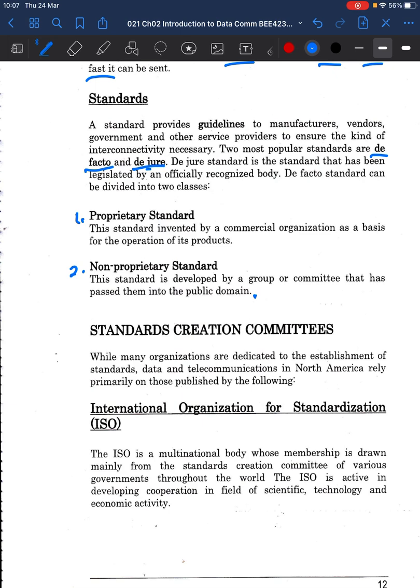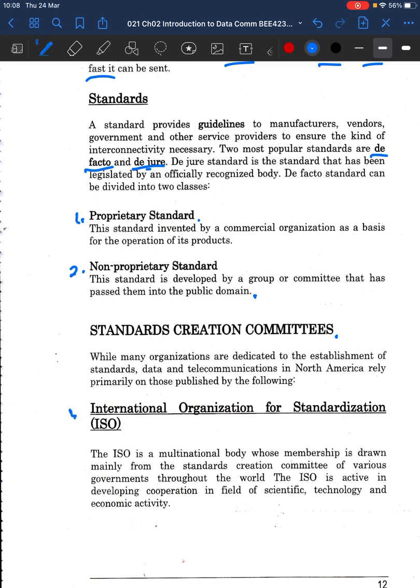Later throughout this class you will understand examples of proprietary standards and also non-proprietary standards. Okay, standard creation committees. While many organizations are dedicated to the establishment of standards, data and telecommunication in North America rely primarily on those published by the following bodies. First is ISO.